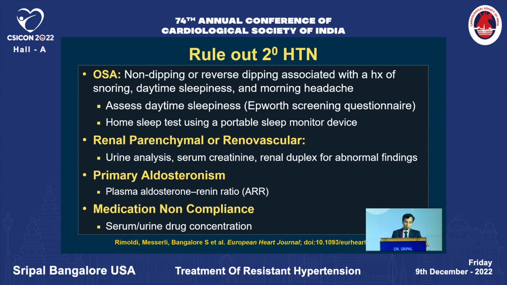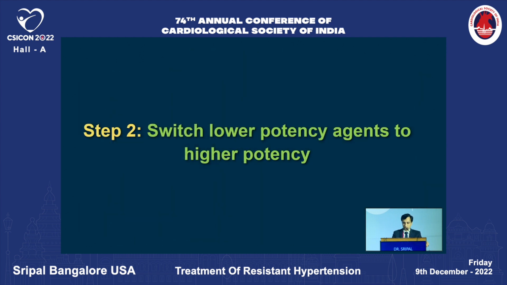Also rule out other secondary causes including renal parenchymal or renovascular hypertension, with urinalysis, serum creatinine measurements, or renal duplex for abnormal findings. Primary hyperaldosteronism is one of the major ones which is commonly missed, so it's important to have a low index of suspicion and use the plasma aldosterone-renin ratio for diagnosis. And again, medication non-compliance is one big factor for all of this.